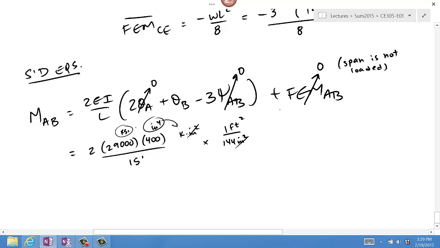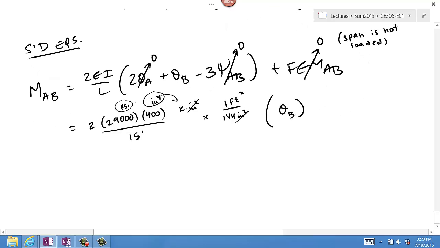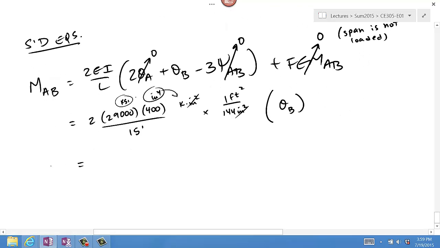And so those are the units associated with the 2EI over L. Then inside the parentheses, the only thing that's left is theta B, right? And then the FEM is 0. So let's clean this up. This gives me MAB is equal to 10741 theta B. The units are kip feet. This is equation 1.